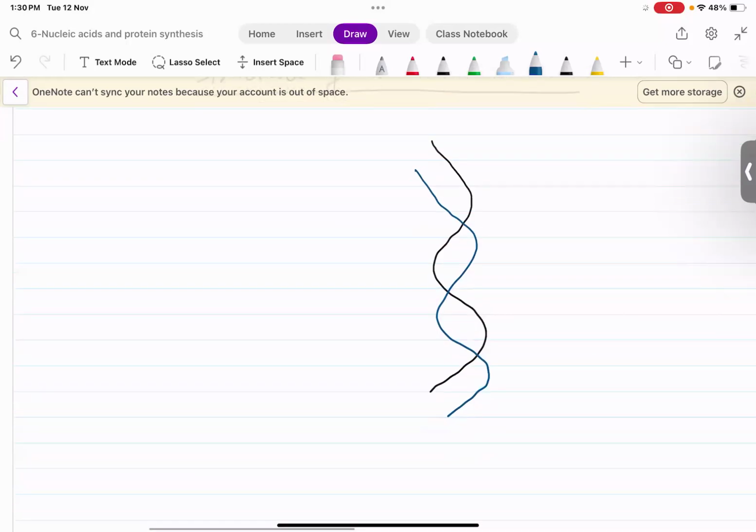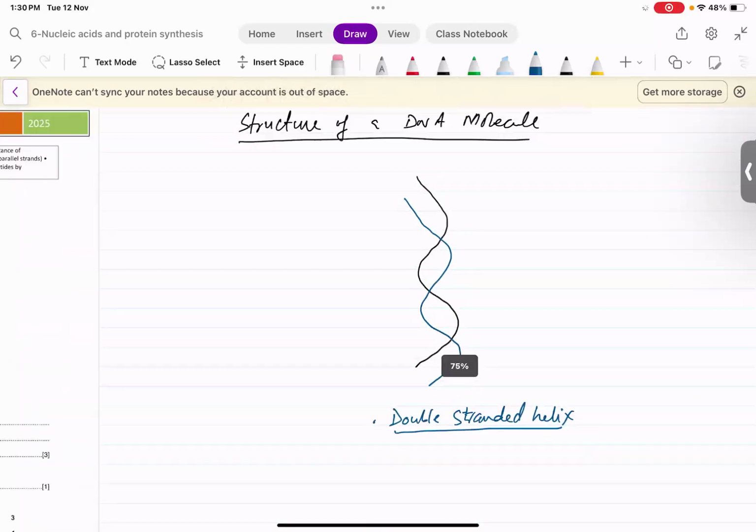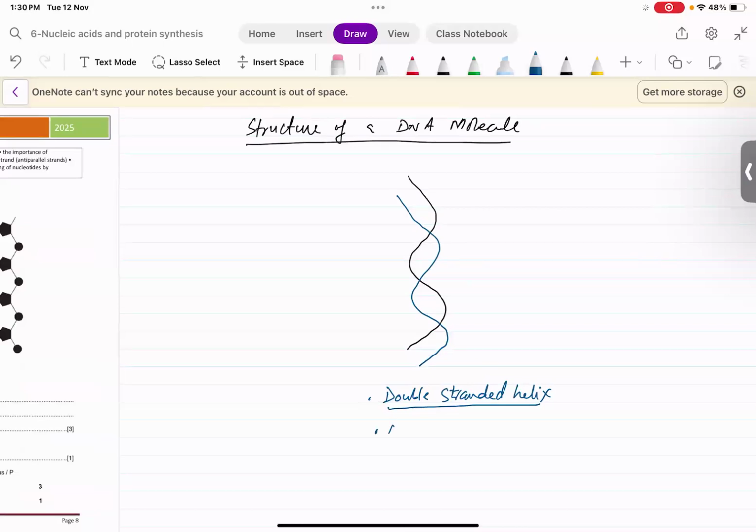So this is known as a double stranded helix. Okay, so this is a DNA molecule. A DNA molecule is a double-stranded helix. In this DNA molecule, the two strands are held anti-parallel to each other.